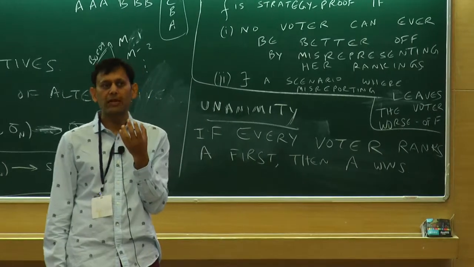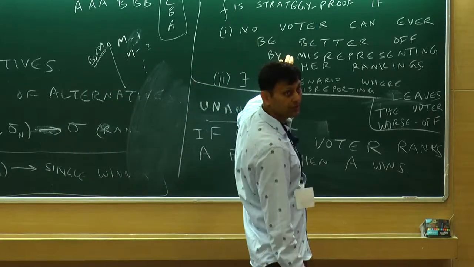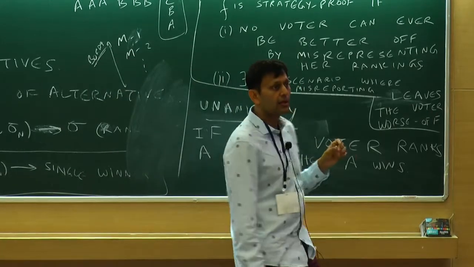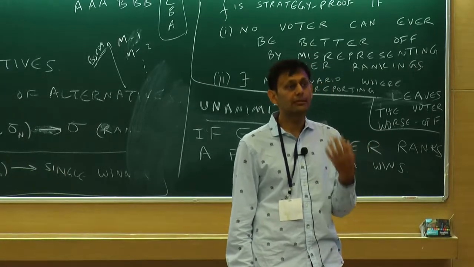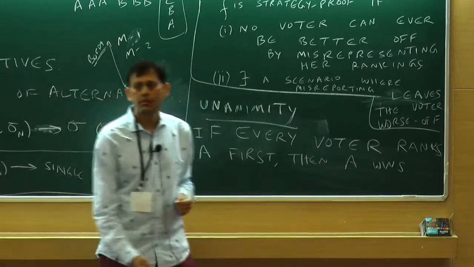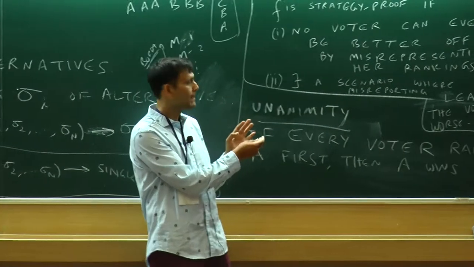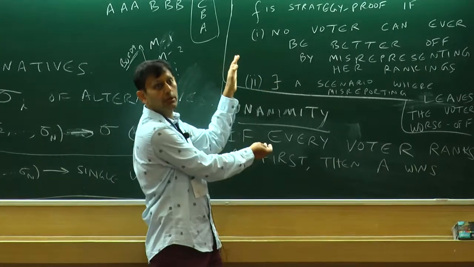What you're describing, saying that a coalition of voters cannot misrepresent, would be a stronger algorithmic assumption. But for impossibility results, that's a weaker assumption. Does that make sense? Because you're going to prove an impossibility result, and this is going to be a stronger impossibility result.